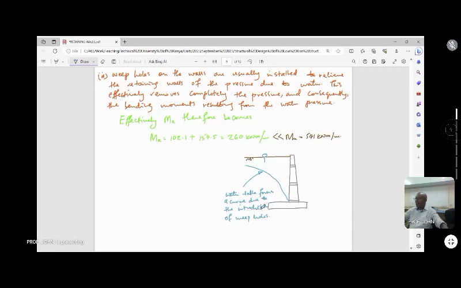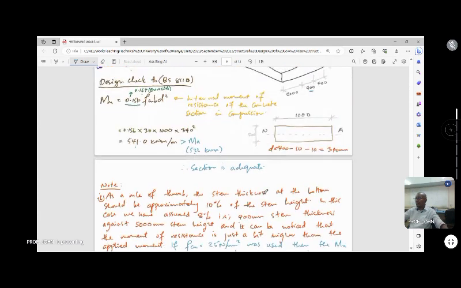Okay. So now we want to continue with this calculation. We have calculated the internal moment of resistance of the concrete in compression.